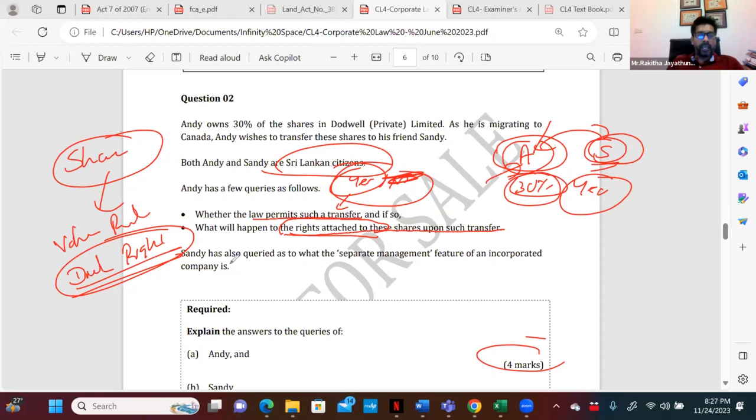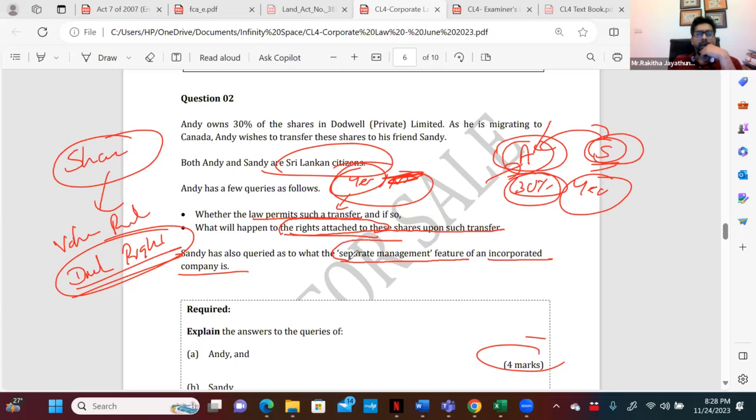Then the second part: Sandy also has queried whether separate management is a feature of an incorporated company. The examiner says the overall answer to this question is not satisfactory. Not satisfactory. Can someone tell me the answer to this part?